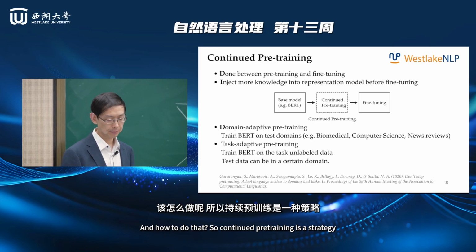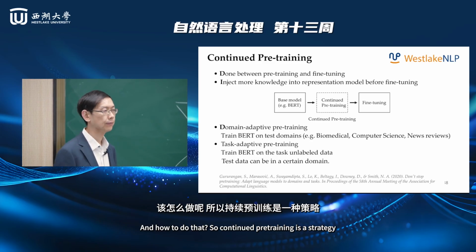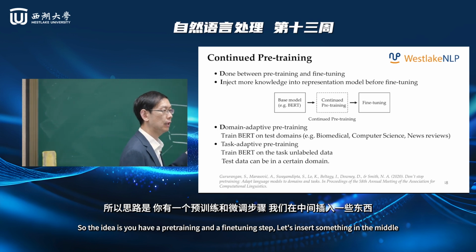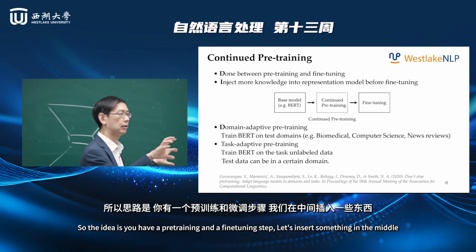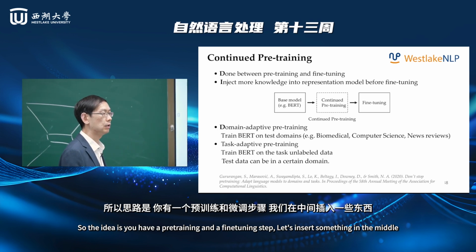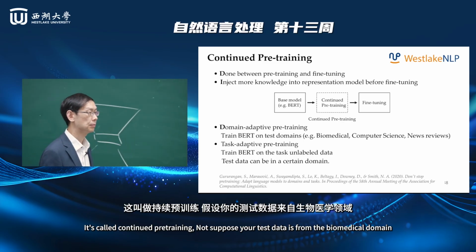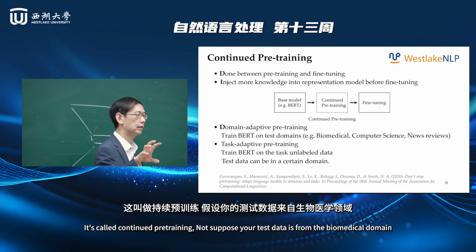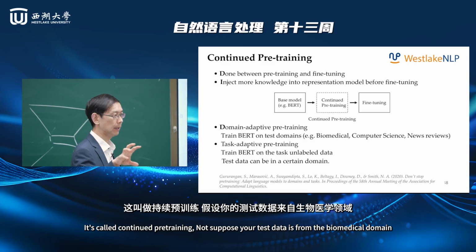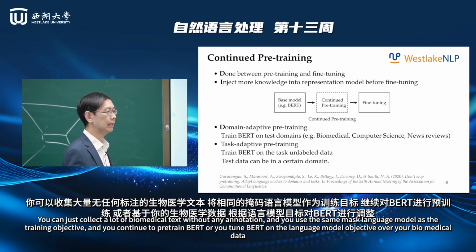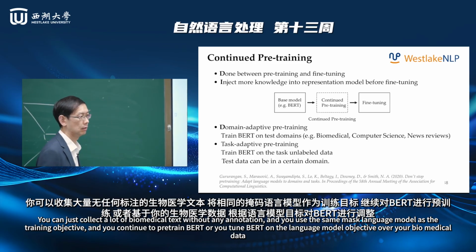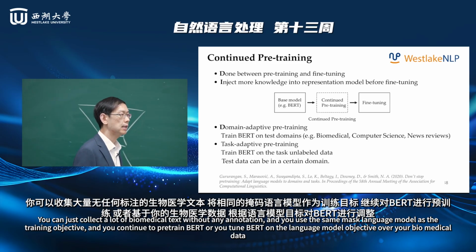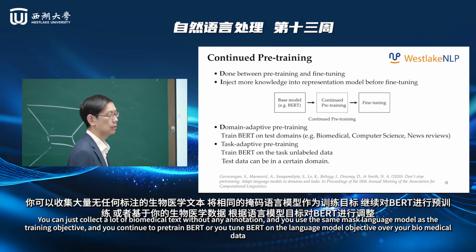So continued pre-training is a strategy. The idea is you have a pre-training and a fine-tuning step. Let's insert something in the middle. It's called continued pre-training. Now, suppose your test data is from the biomedical domain. You can just collect a lot of biomedical text without any annotation, and you use the same masked language model as the training objective.